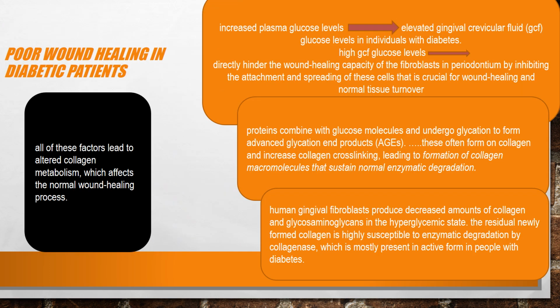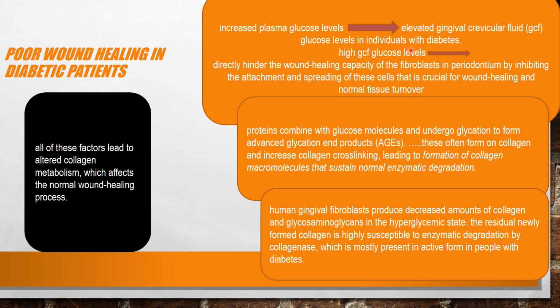So coming to the reasons for poor wound healing in diabetic patients. We already discussed the altered response in diabetic patients and the factors responsible for it. Now the details of poor wound healing. The first one is that there will be increased plasma glucose levels, which lead to increased GCF glucose levels in individuals with diabetes.